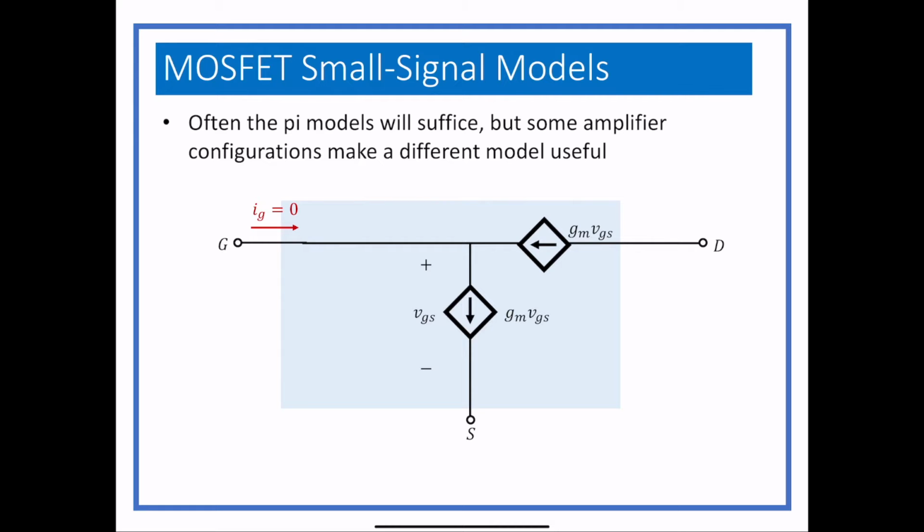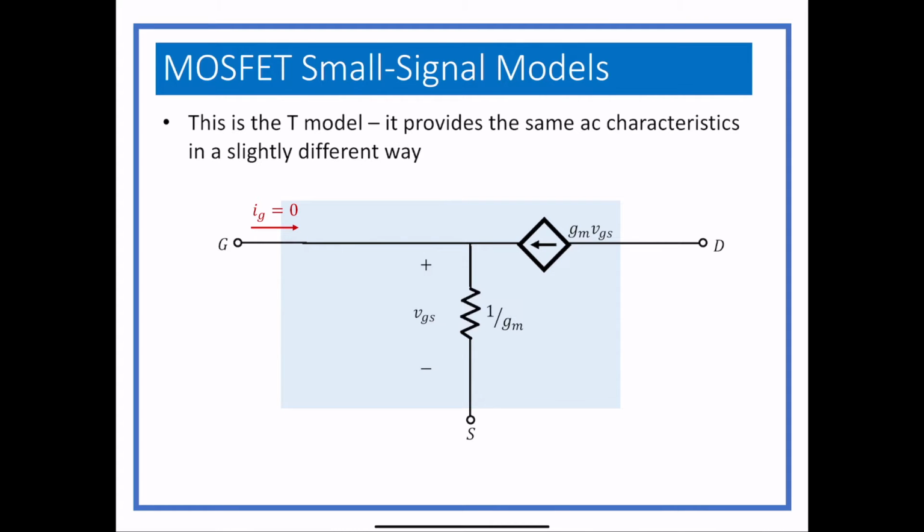So if we want the same current, if we take VGS and multiply it by 1 over GM, we get that current. So if we just replace that with a resistor of 1 over GM, if you were to calculate the current in that resistor, it would be GM-VGS. So it does the same thing.